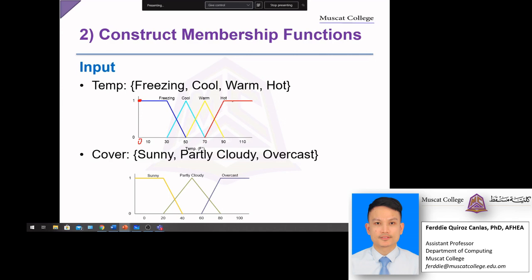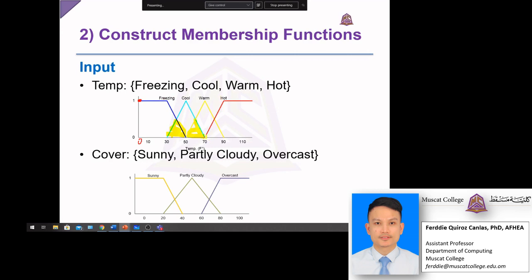So, if you look, there is fuzziness. There are some values that share two categories, correct? Look at this: the values between 30 and 50 are shared between freezing and cool. Likewise, the values between 50 and 70 are shared with warm.